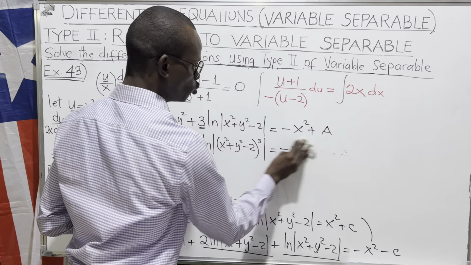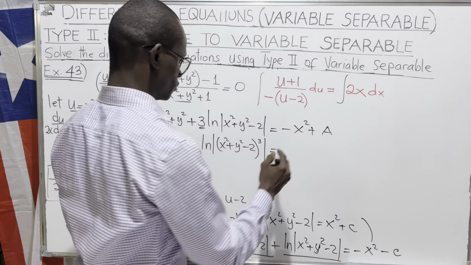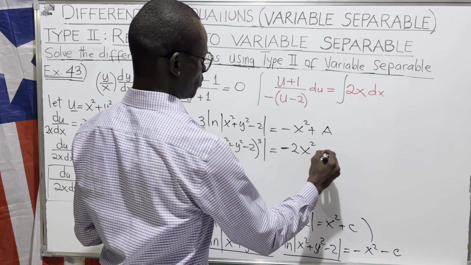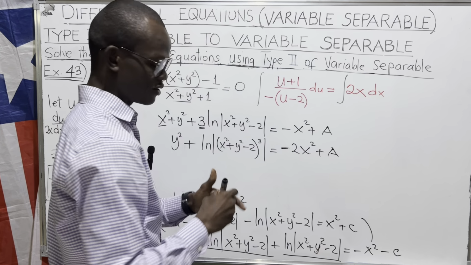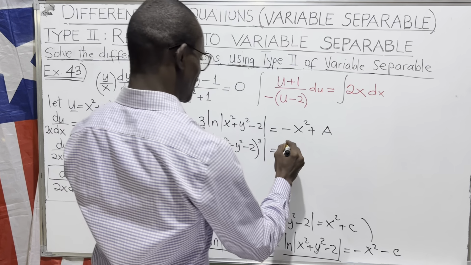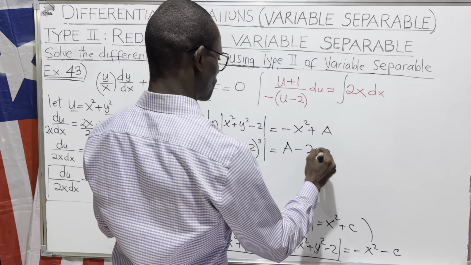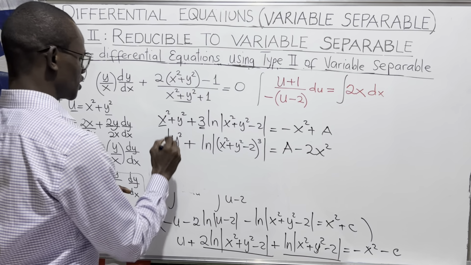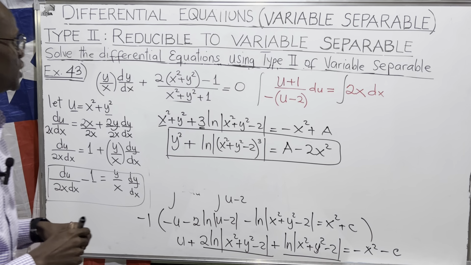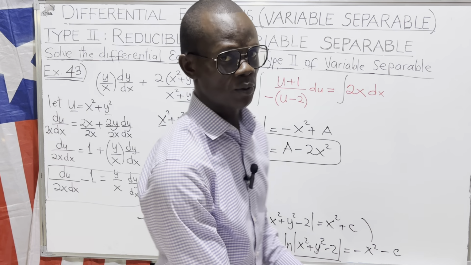So it will just be minus 2 x squared plus a. So I can decide to write the constant first, and then it can just be a minus 2 x squared. So this is the general solution of this differential equation using reducible to variable separable.